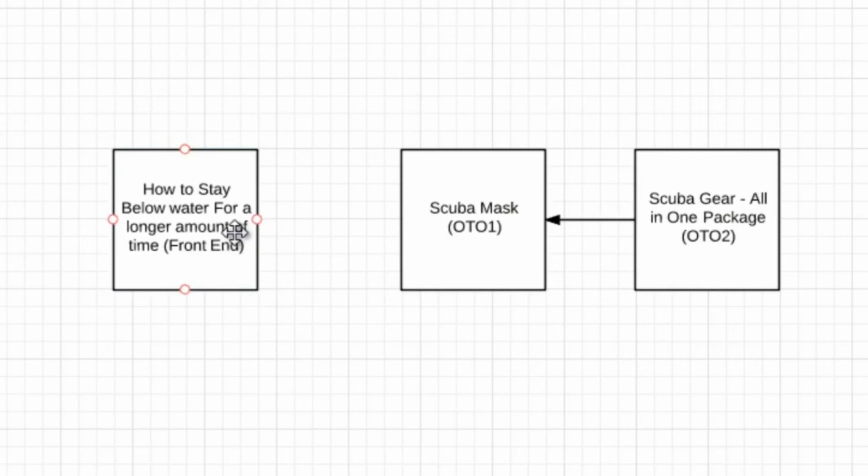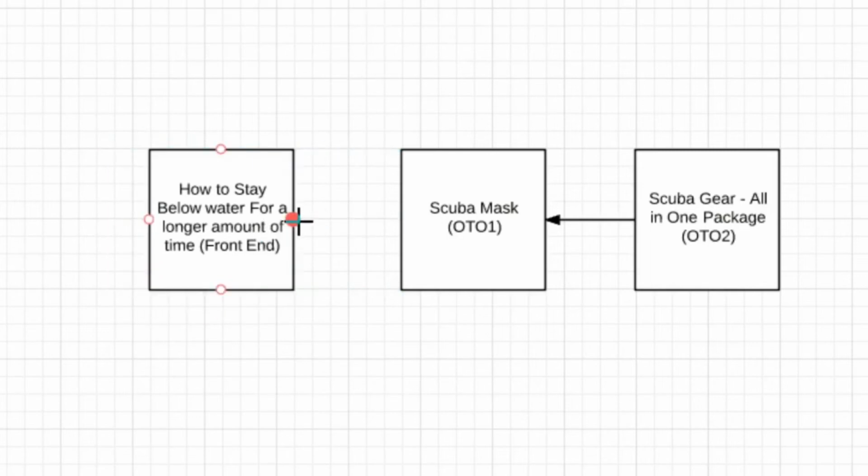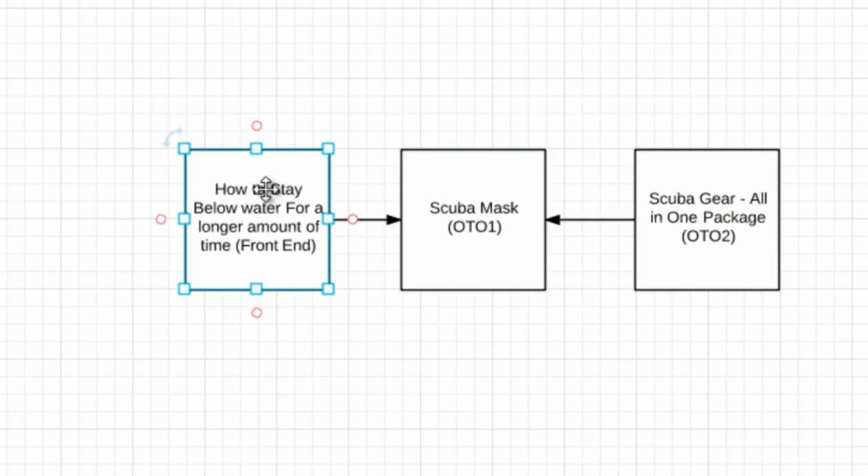But let's say, for example, we want to make a course to show people how to stay below water for a longer amount of time, or whatever unique selling proposition essentially solves somebody's problem, right? So they go from here, they're looking to stay below water for a longer amount of time, and then maybe you present them after that.